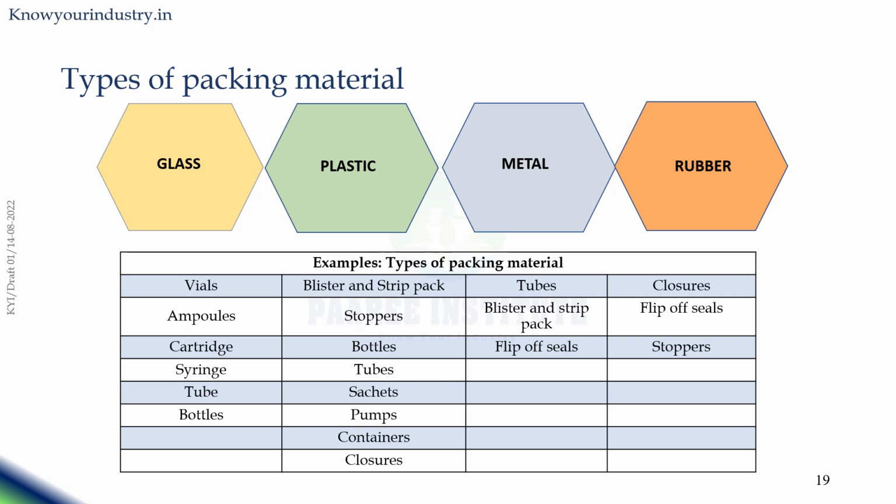Here we have just listed out what types of packaging material are being used in the formulations: ampoules, cartridges, syringes, tubes, bottles, and vials, and blister and strip packs, stoppers, bottles, tubes, sachets, pumps, containers, and closures for tablets and capsules.